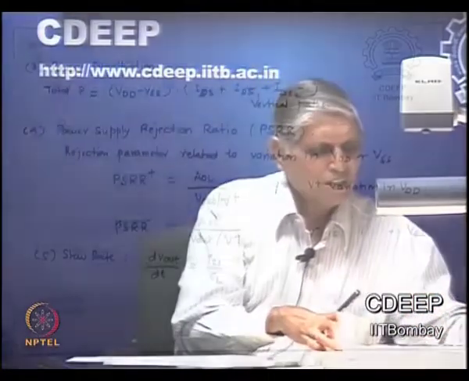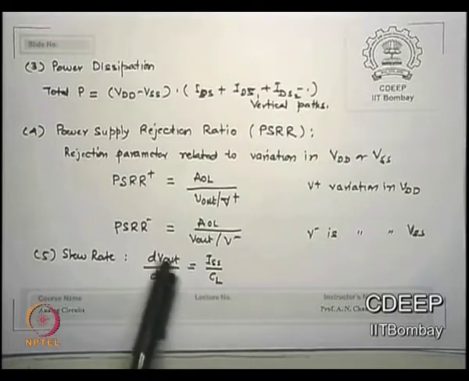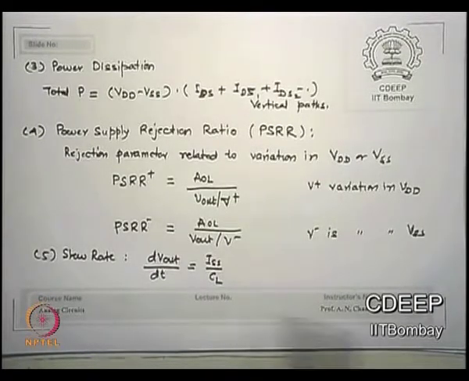Now the next parameter for us, which we already discussed, is the slew rate. What was the slew rate definition we gave last time? How fast the output responds to input, okay. So it is dV by dt, the rise of the output to its maximum value, which I said last time is ISS divided by the load capacitance, okay.